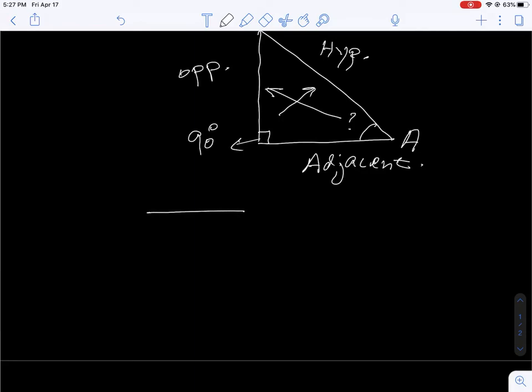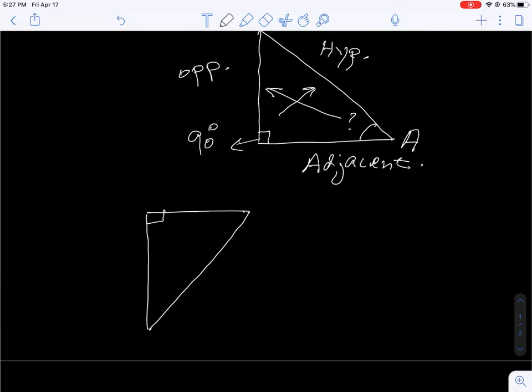So I'll just flip this right triangle a little bit. Let me draw a straight line. Okay, this looks a little better.